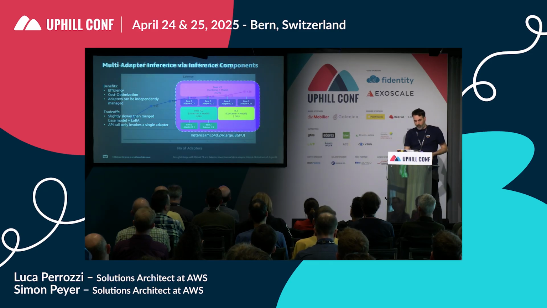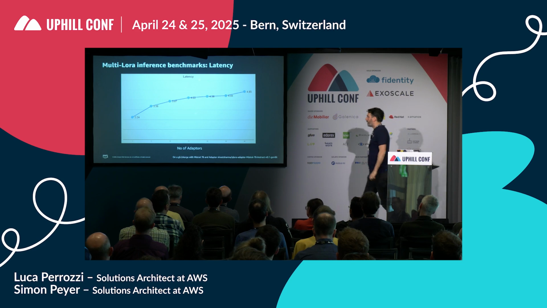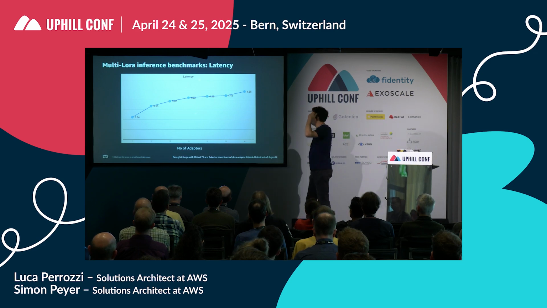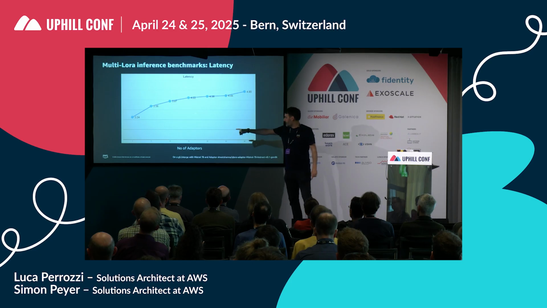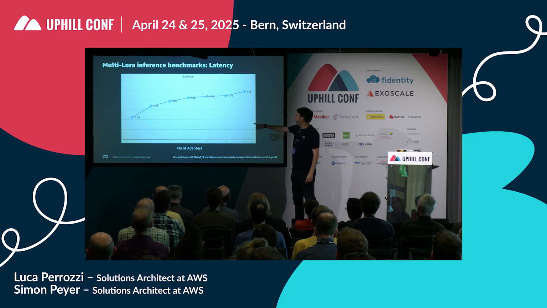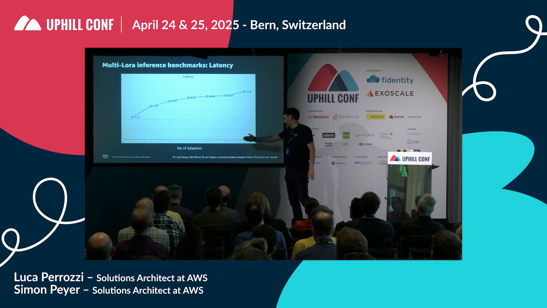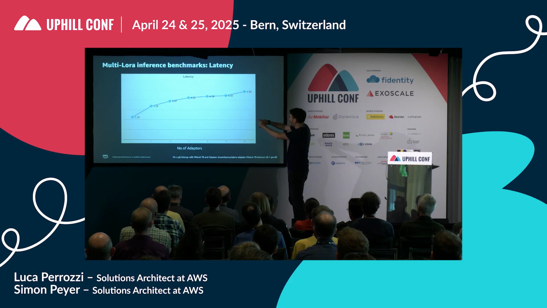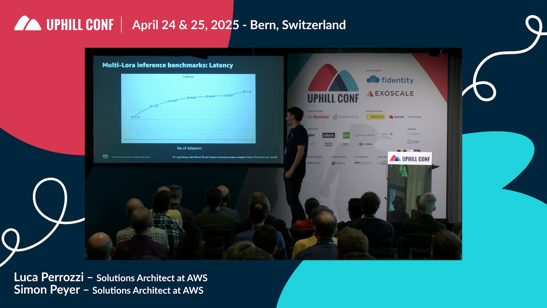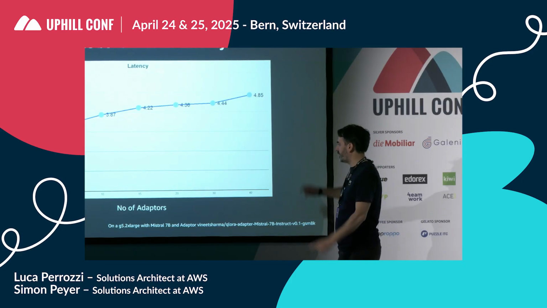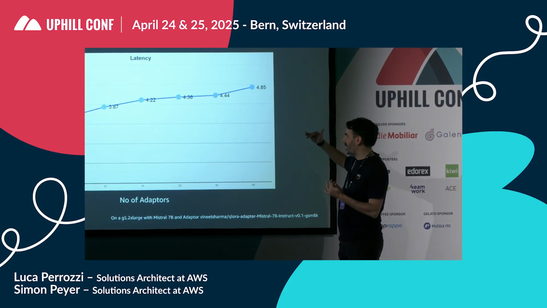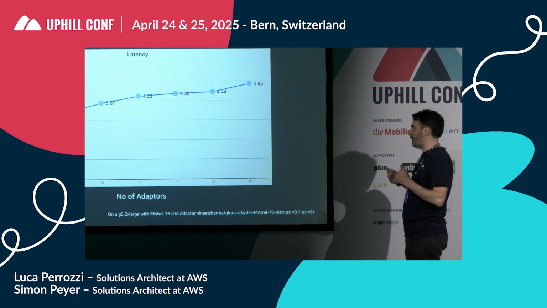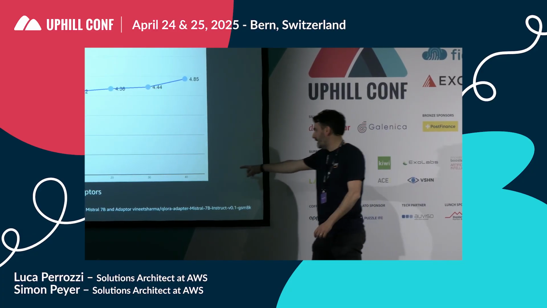What about performance? So this is the latency. You can think about the time to first token in terms of number of adapters. Now, this is given a model and given an architecture, so let's focus just on the relative difference. You can see that the numbers are higher, but we are still talking about very, very efficient latency serving when you go up to 40 adapters.